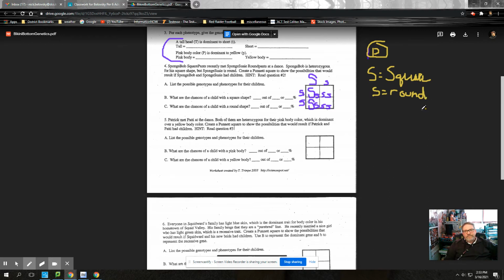All right. So now you got to figure out how many squares do you have. Big S, big S. Okay. So these are the squares that will have the dominant trait. So that is 2 over 4, 50%.